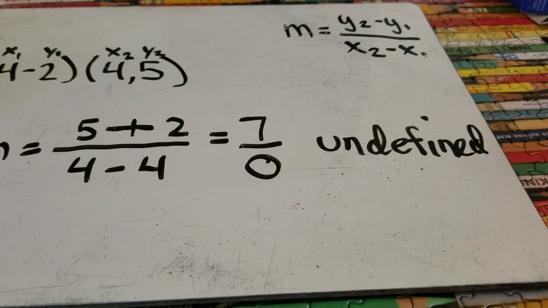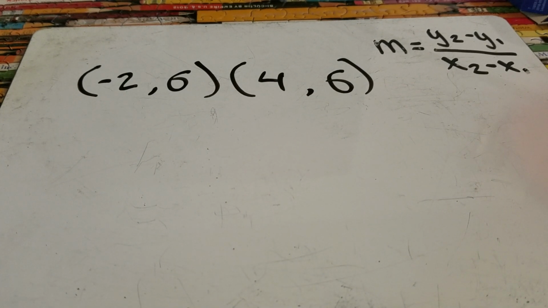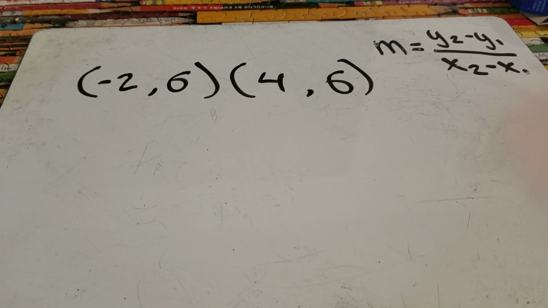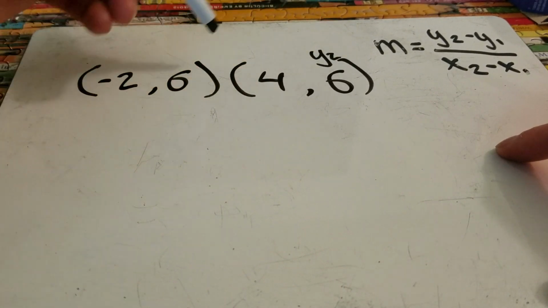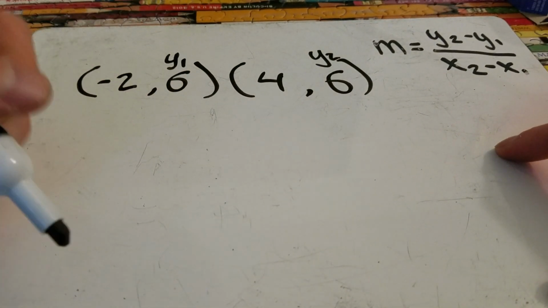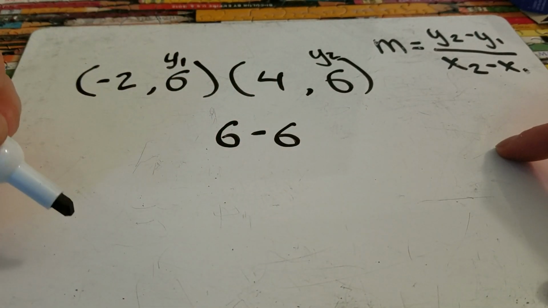I'm going to pause and come up with another example that gives us a weird result. If this were my question and I was wondering what the slope between these 2 points was, again, I'm going to start out doing my y2 minus my y1. In this case, I'm getting 6 minus 6 on top.